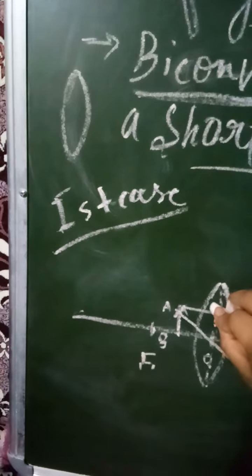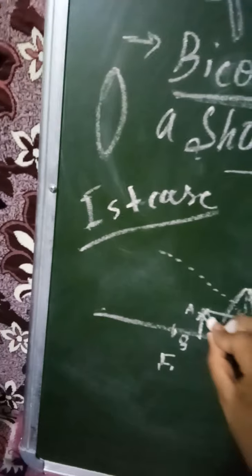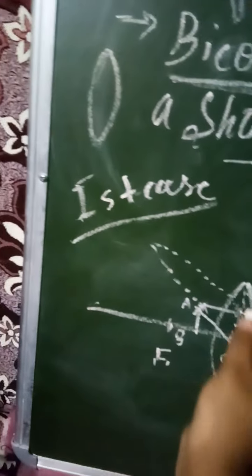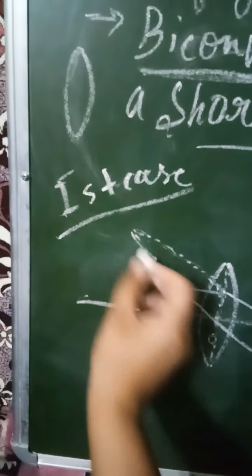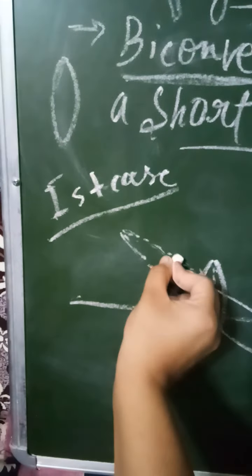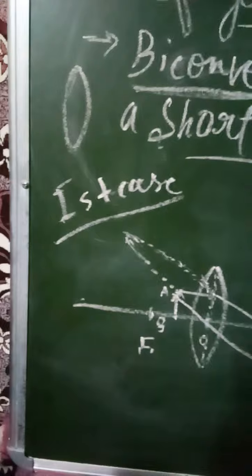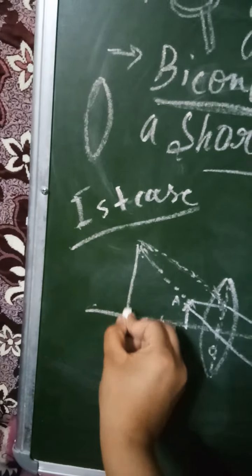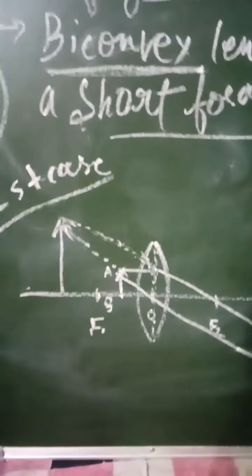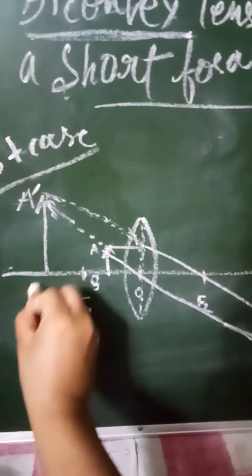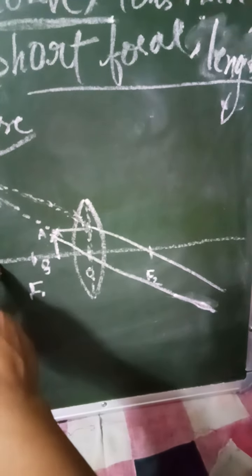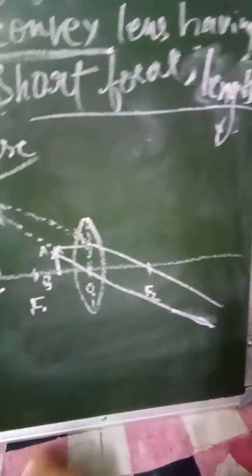If we extend the rays backward, not straight but you draw them straight, the image is formed here. This is not real, this is virtual. A dash, B dash. You can see the image is virtual, upright and magnified.